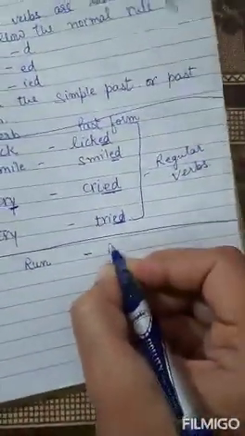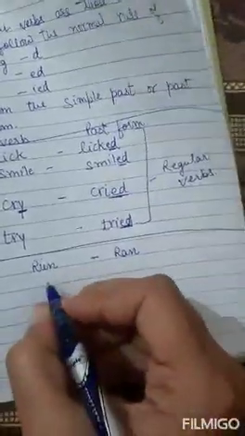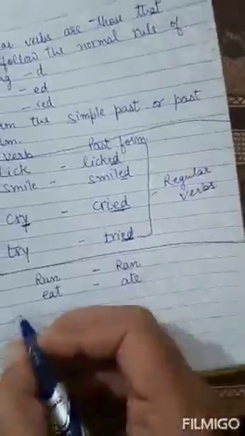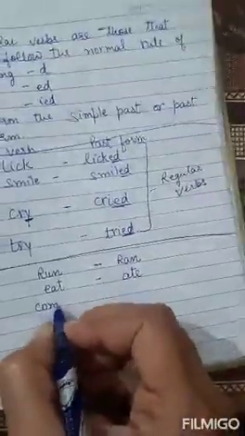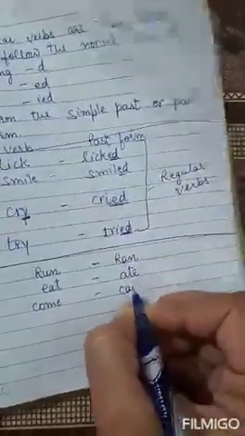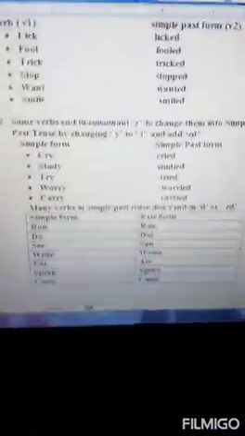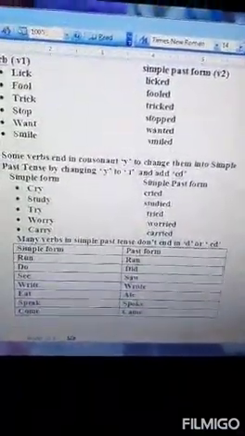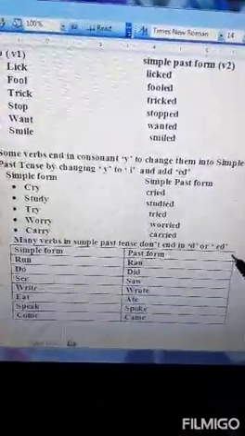So these are regular verbs, and in irregular verbs we have, like, run. How do we make it in the past? Ran. Eat, ate. Come, came, and so on. See, I have given you a list over here. Many verbs in the simple past tense don't end in d or ed.